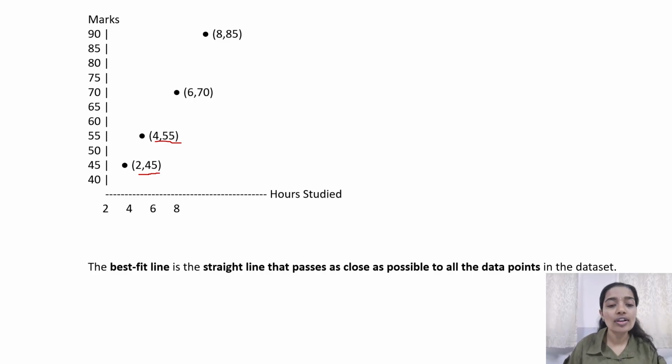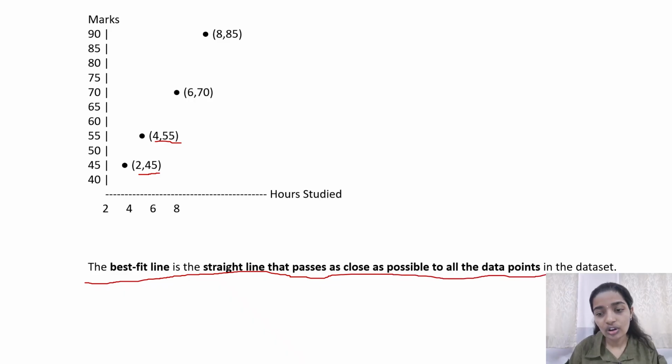And here comes the concept of the best fit line. The best fit line is the straight line that passes as close as possible to the data points in the data set. On the previous slide we discussed the same thing, that the main aim is to minimize the difference between the actual points and the predicted ones.